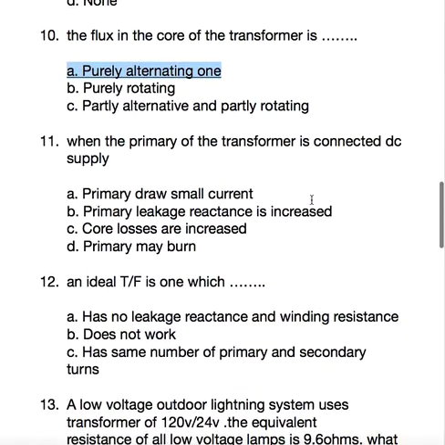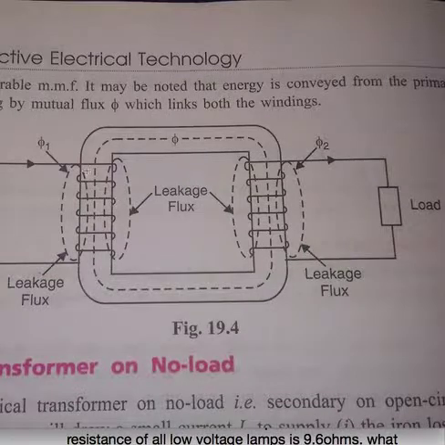Okay, next question. When the primary of the transformer is connected to the DC supply, what happens? If the primary is connected to the DC supply, the direct current has no frequency. The current will start flowing but does not produce any magnetic flux linking with the secondary winding.